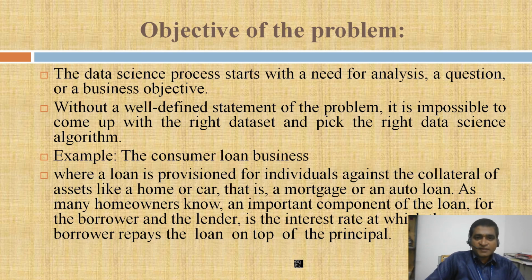Without a well-defined statement of the problem, it is impossible to come up with the right data set and pick the right data science algorithm. So, the main objective is to check whether the problem is well defined or not.